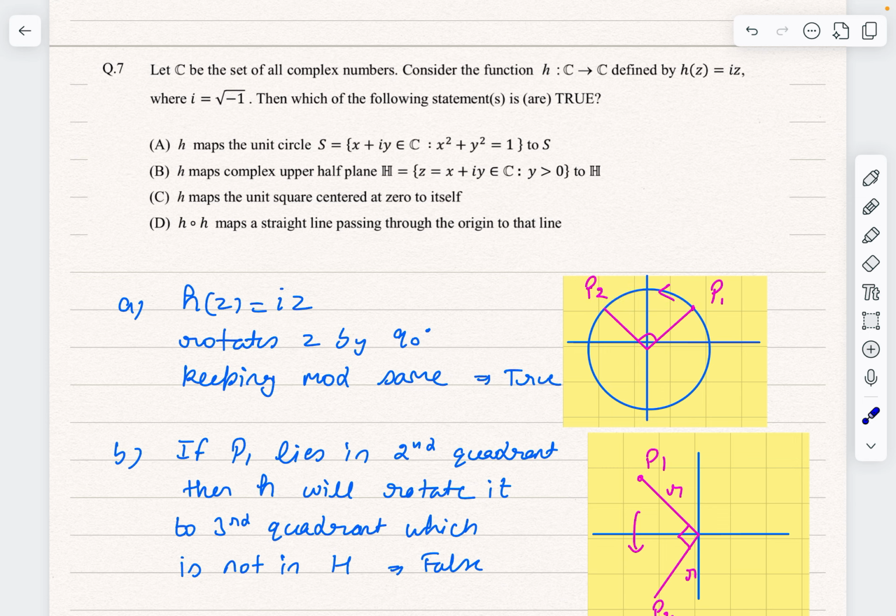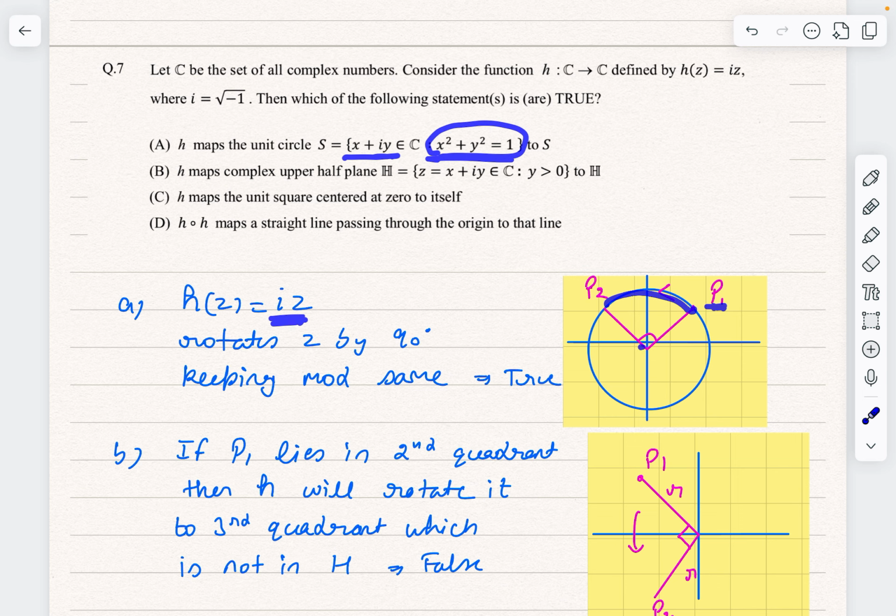So option A, they are saying H maps the unit circle to itself only. You see, x square plus y square equal to 1. If a complex number x plus eta y lies on this circle, let us say this is a unit circle, and P1 is a point which lies on that, and if I use this function eta z on P1, it will rotate by 90 degrees, keeping the modulus same.